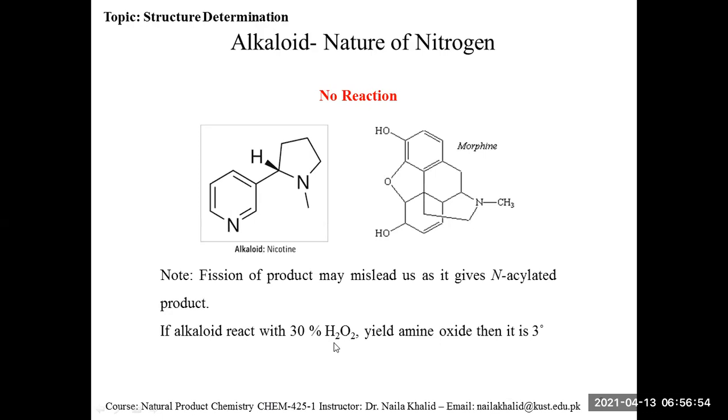That test is oxidation with hydrogen peroxide. 30% hydrogen peroxide is a very good oxidizing agent. It will oxidize this tertiary nitrogen into an amine oxide, N-oxide. Only tertiary nitrogen gives this positive test. This shows that your nitrogen in the alkaloid is tertiary in nature.